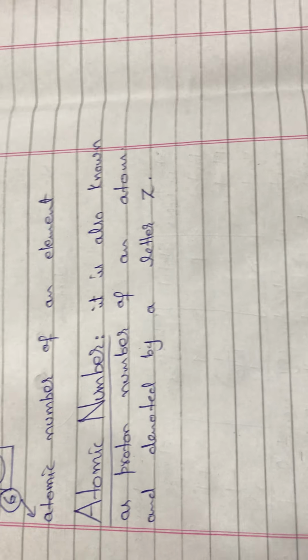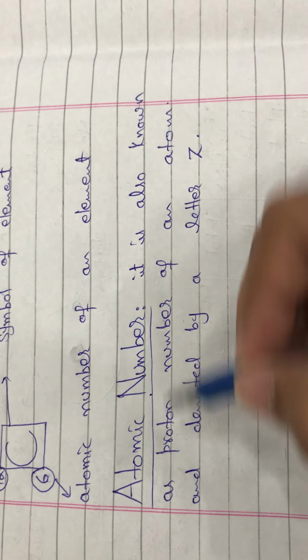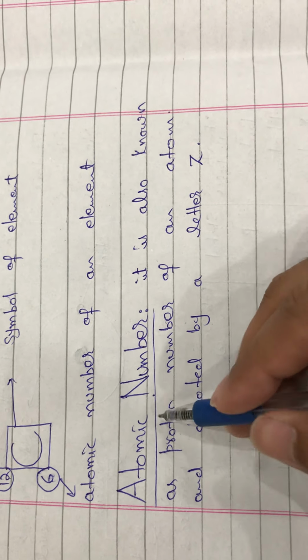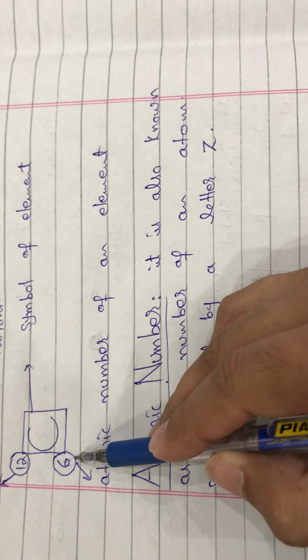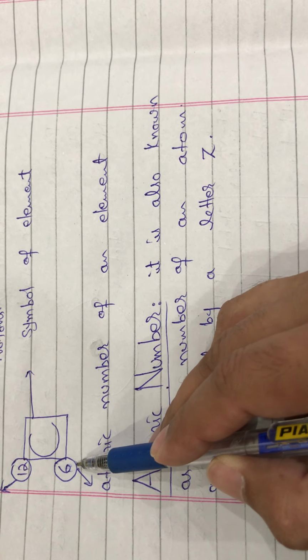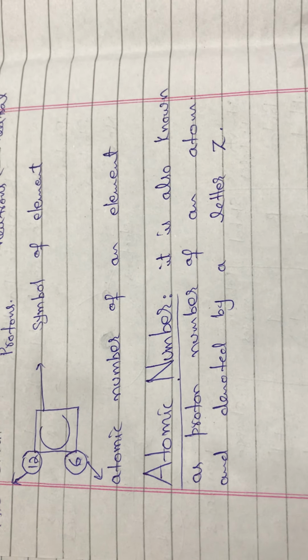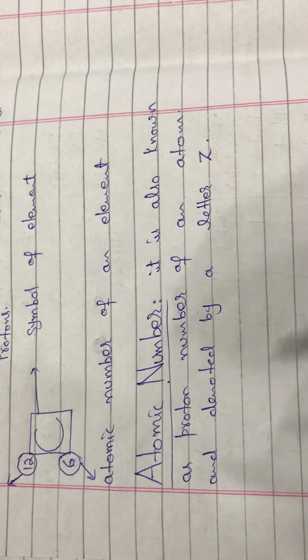Atomic number is denoted by a letter Z. Now atomic number also representing the number of protons, means the value 6 is also representing its number of protons. The number of protons present in an atom are represented by this number.